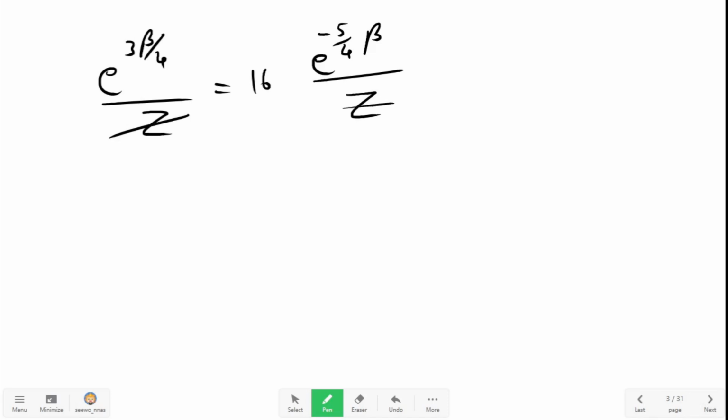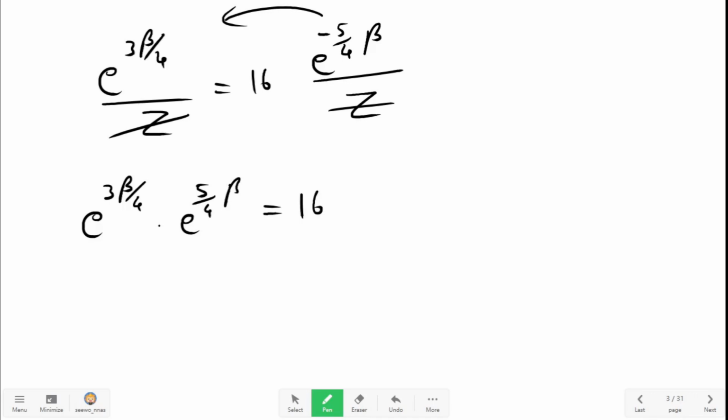Z gets cancelled. If we take this exponential to the other side, we will get e raised to 3 beta by 4 times e raised to 5 beta by 4, since minus becomes plus in the exponential. This is equal to 16.